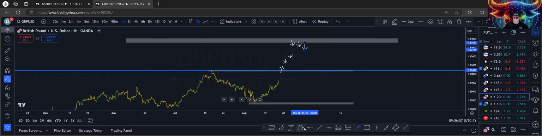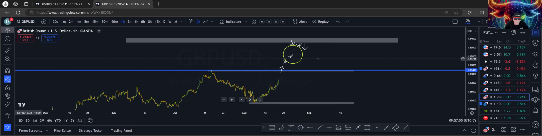And now all of a sudden, they're stuck in the middle of nowhere. They have no idea what price is going to do. You must look at the chart objectively. You must understand the market.